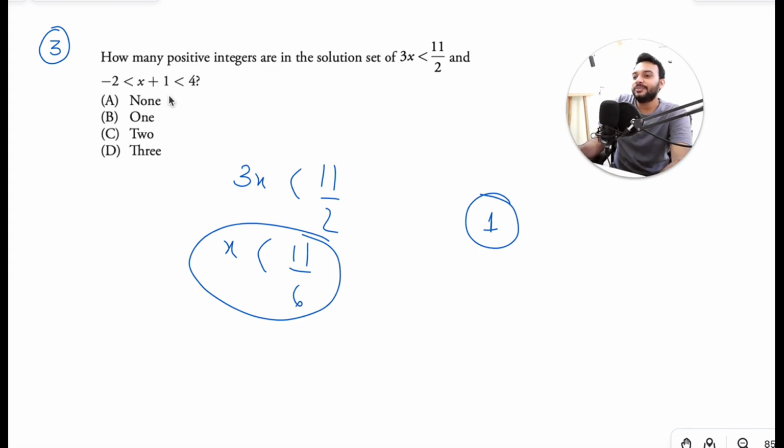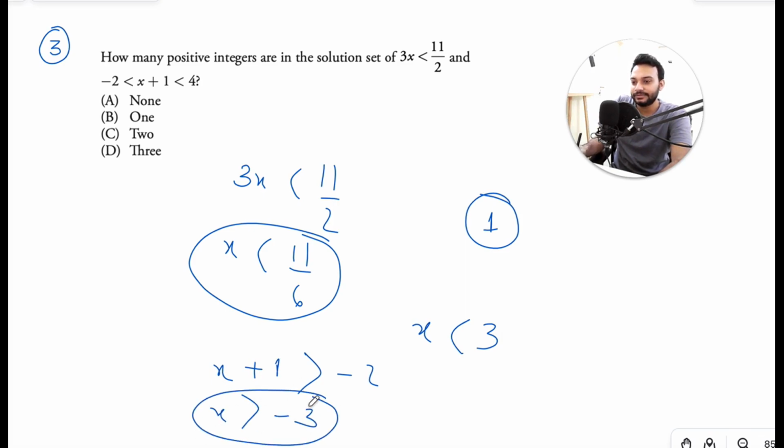Next, x + 1 < 4 means x < 3, and x + 1 > -2 means x > -3. So x is between -3 and 3, and x is less than 11/6. These three sets are there.